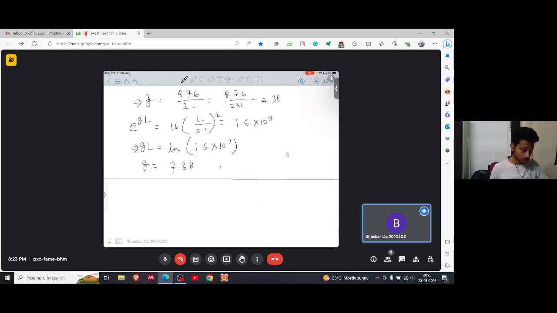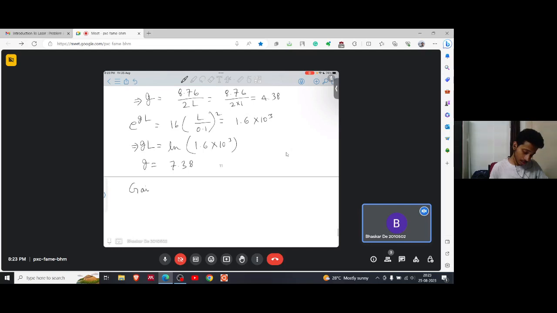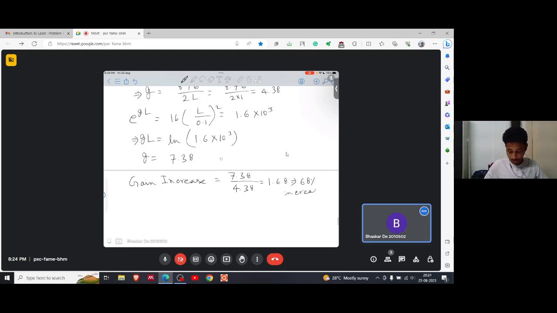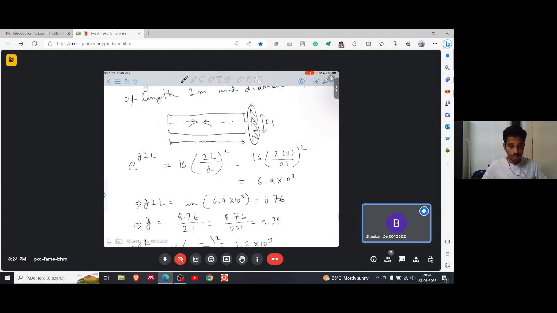Okay, so now the gain increase equal to 7.38 by 4.38 equal to 1.68, which is a 68% increase. So basically here we need to obtain a 68% increase in the gain in order to achieve the same I sat value, but with a single pass instead of a double pass.